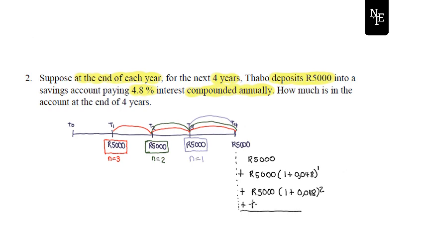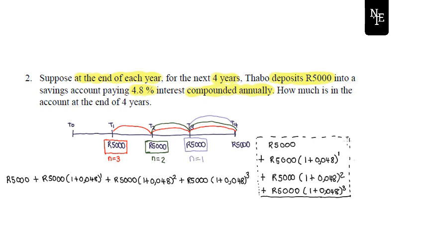And then we also have to add the very first 5,000 Rand that we deposited, and that's the one that earns the most interest. Now, if you take all of these and add them up, that's going to tell us how much is in this account after this 4-year period.